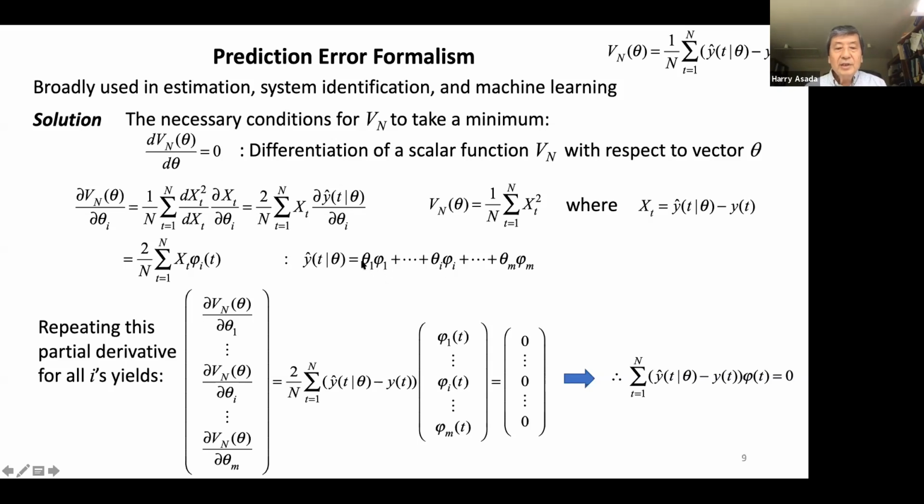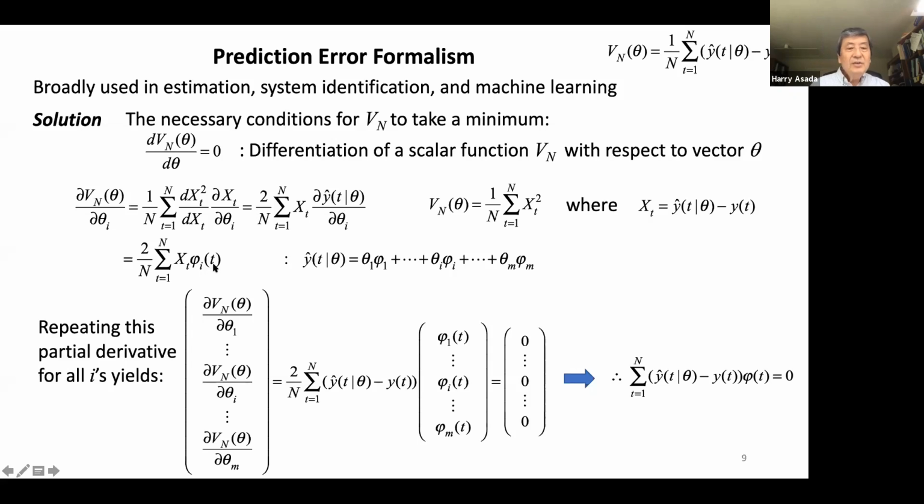Here theta_1 is the first element of the vector theta, and phi_1 is the first element of the regressor, right? You remember this expression. What we'd like to do now is differentiate it with respect to theta_i, and so only phi_i remains. So this particular part is phi_i(t).